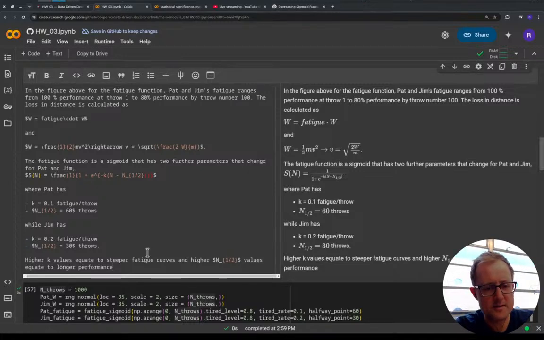Longer performance, e.g. at n equals n1/2, fatigue equals 50%. And I think I have to do that.